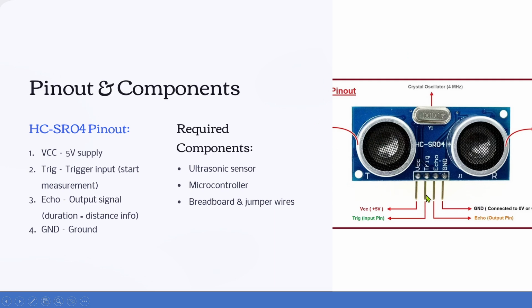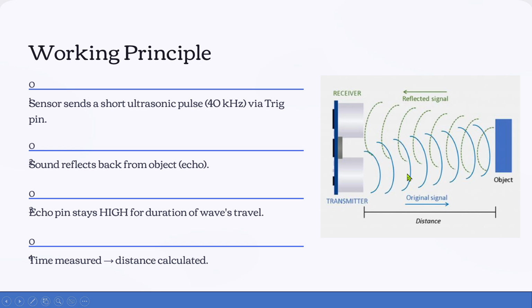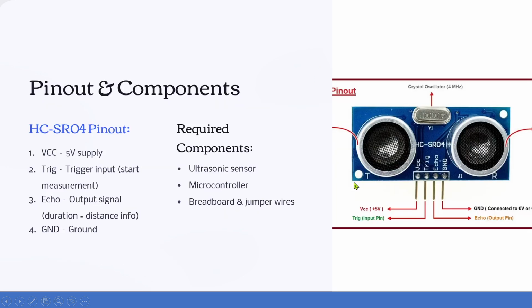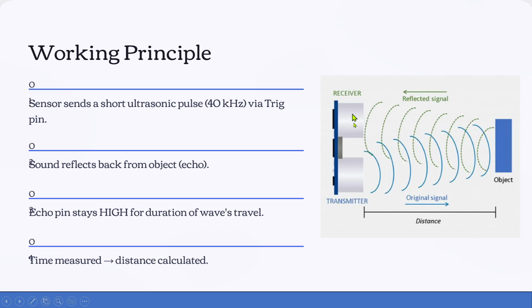Here you are seeing that trig means input, and echo means we are going to send some output signal. How it is going to work: consider this is echo and this is the trig pin.